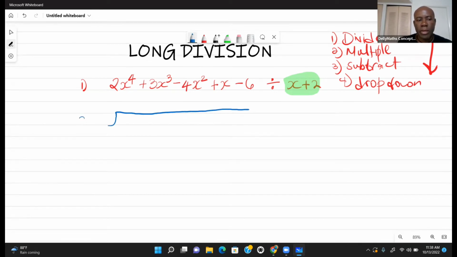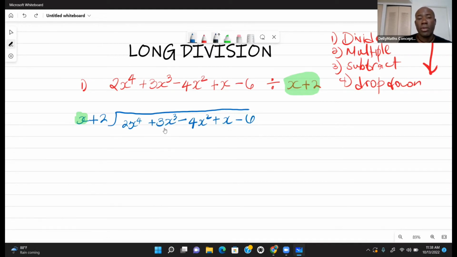So the divisor is x plus 2, and the dividend is 2x to the fourth plus 3x to the third minus 4x squared plus x minus 6. We're going to be using the x to divide throughout. So let's start.